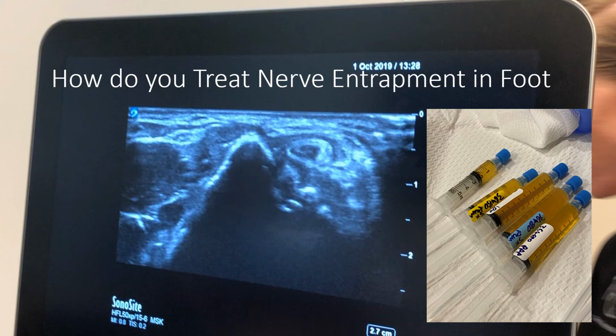A lot of times we use musculoskeletal ultrasound to hydrodissect the nerve with the platelets, and that accomplishes two things at once. One, we're creating some space around the nerve that was getting entrapped, and two, we're putting growth factors around the nerve to help those nerves repair.